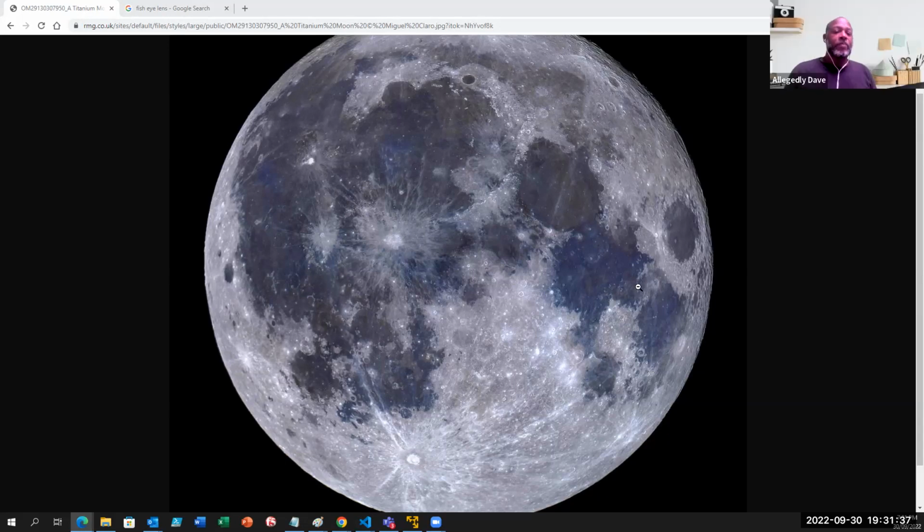Well, this is an idea that has quite recently come about. But if you imagine a quarter of the moon's surface, and I can't tell you exactly where, maybe the right hand side of the moon, there are those dark spots.